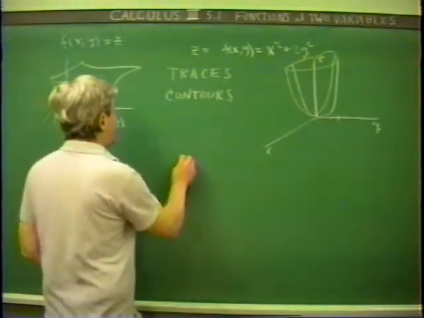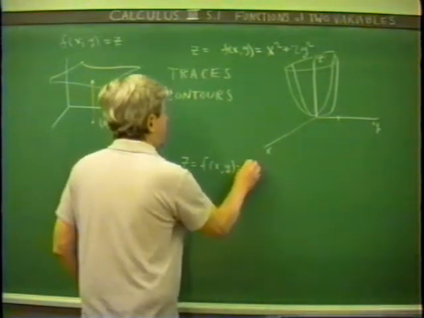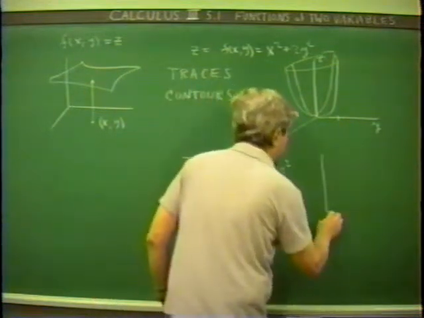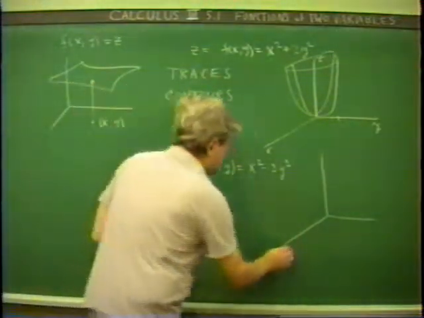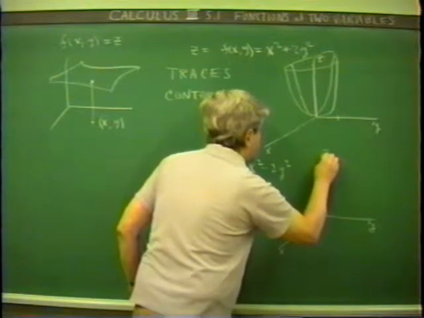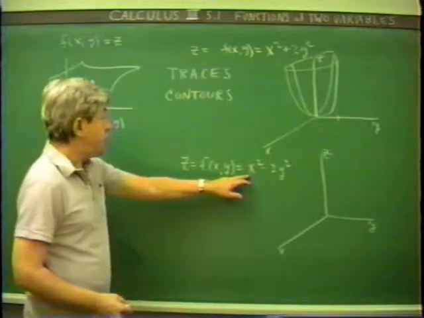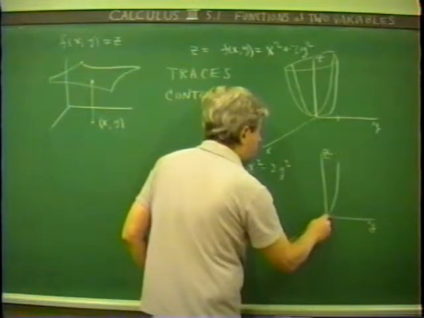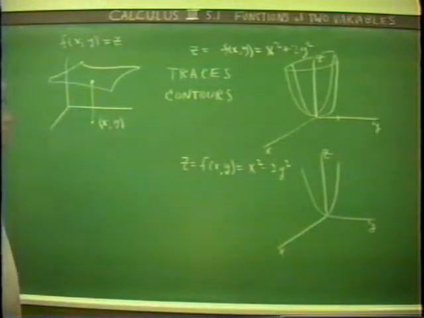Let's take a look at another one that's familiar. Z equals f of x and y is, say, x squared minus 2y squared. When y is equal to 0, we have z equals x squared, and so in the xz plane, what we're looking at is a parabola opening up.